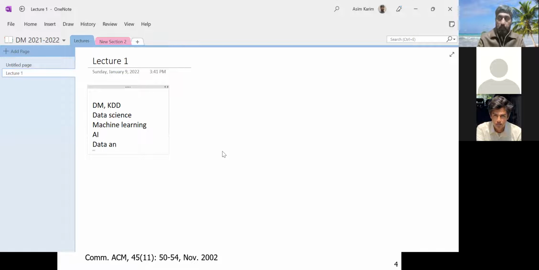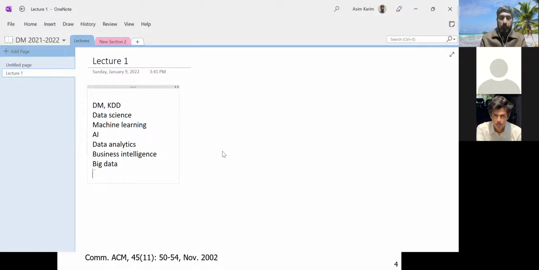Data analytics is a term that is sometimes also used in the industry. In the older industry, you also had something called business intelligence. This is now gone out of fashion. And then in the last 5, 10 years, another name that came up was big data. All of these names are related.